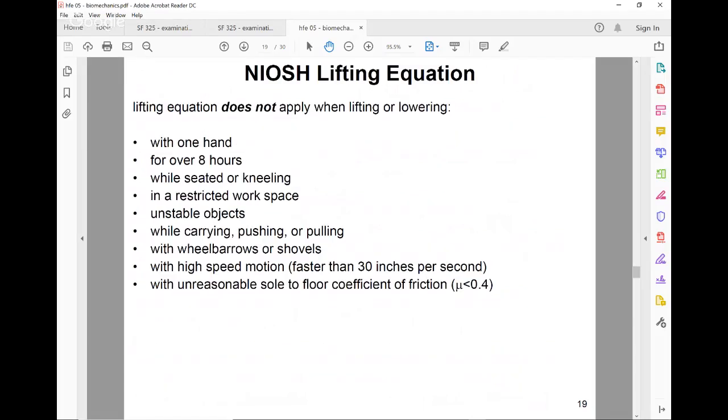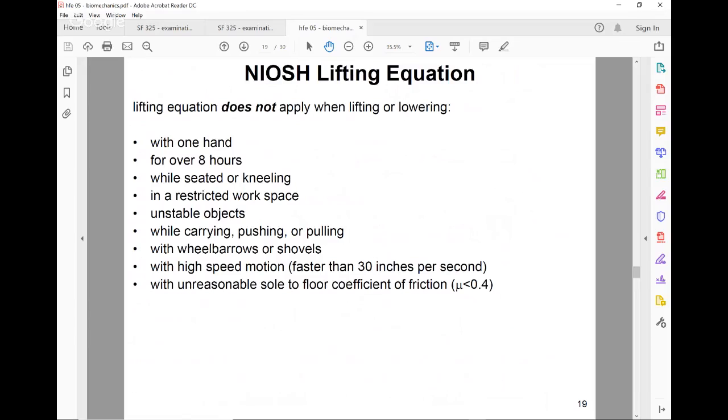Another issue with that lift I just did is that it was with one hand. So it's a two-handed lift. If it's over 8 hours, it does not apply. If you remember on the calculator for the frequency and the duration, there's not an option to select over 8 hours. So it can't be over 8 hours.